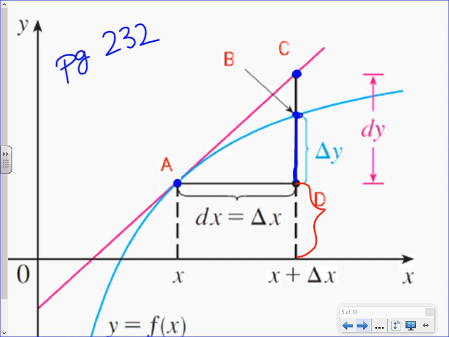What is that height? It's just f of x, right? If this is x, then this height right here is f of x. And we know that this right here is dy.